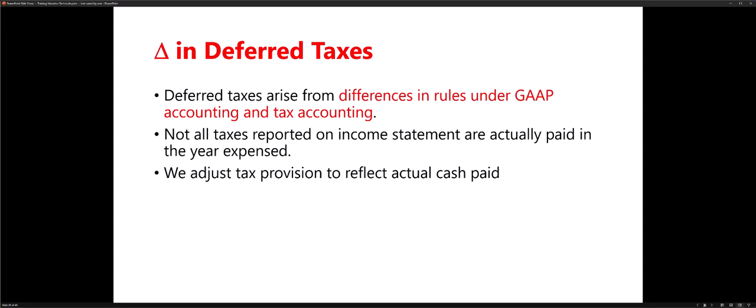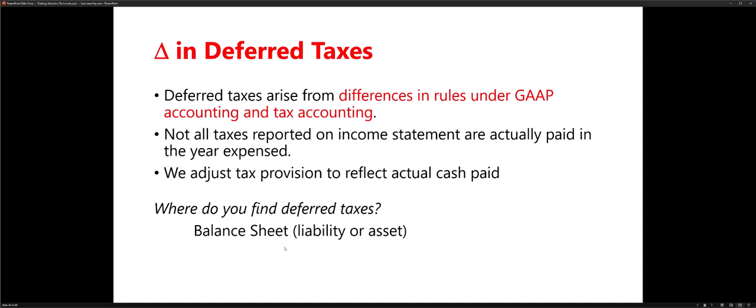And so they get the tax benefit earlier, and perhaps pay the taxes later on. And so the difference between those taxes that you actually paid, or you have to pay, is in the deferred taxes.